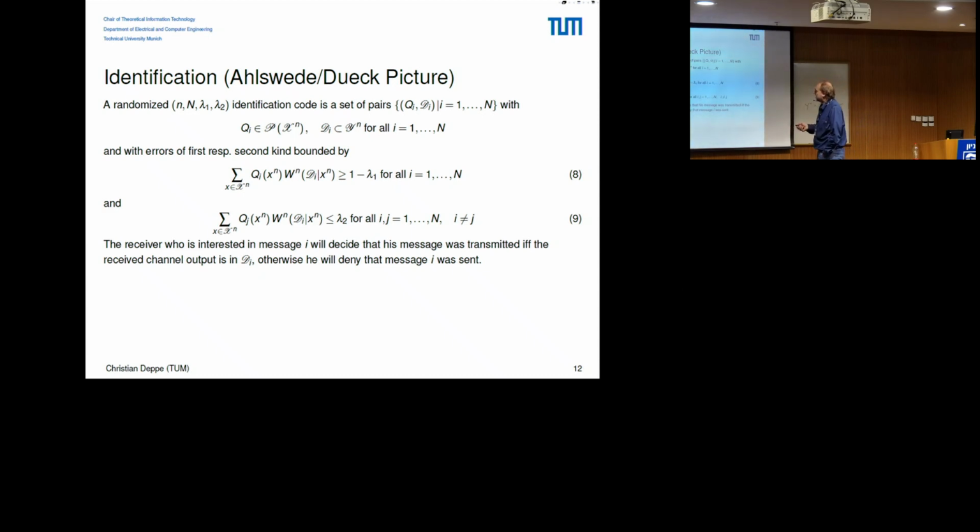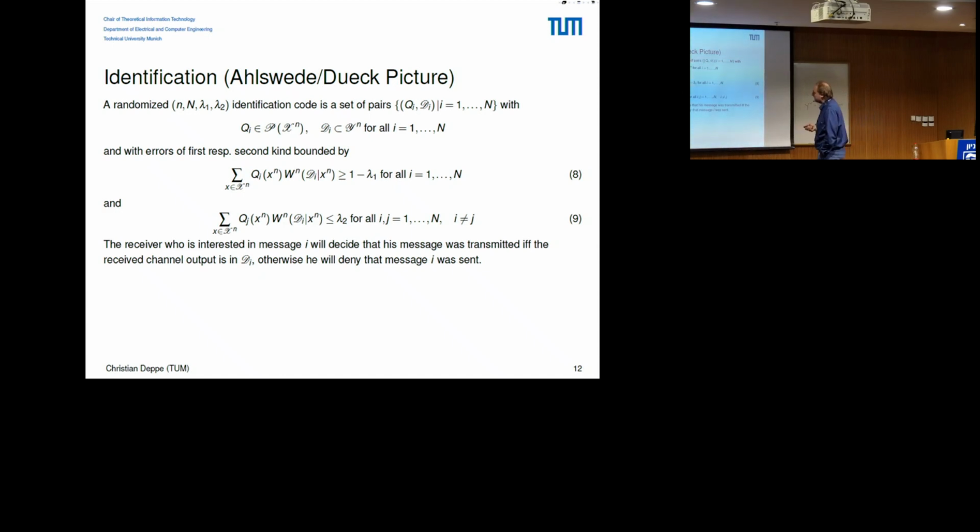The error of the first kind is the same as before, but the error of the second kind is in principle the error which comes from the coding scheme, because now we don't require that the decoding sets be disjoint, so they can overlap. And of course, if the decoding sets overlap, there could be an error because of the coding scheme.